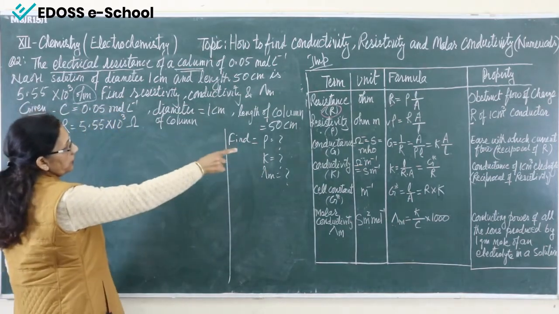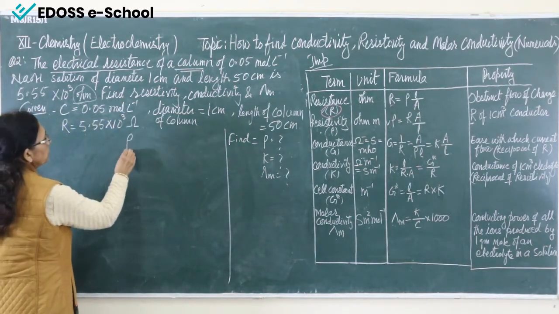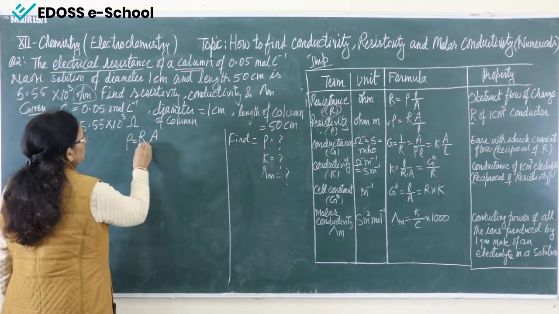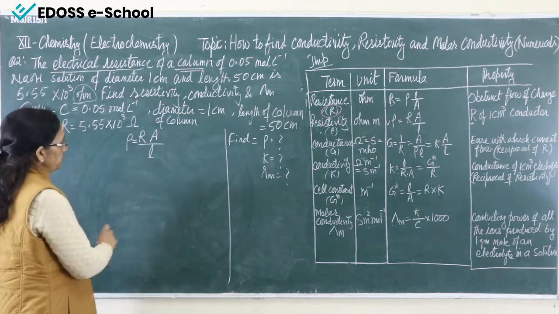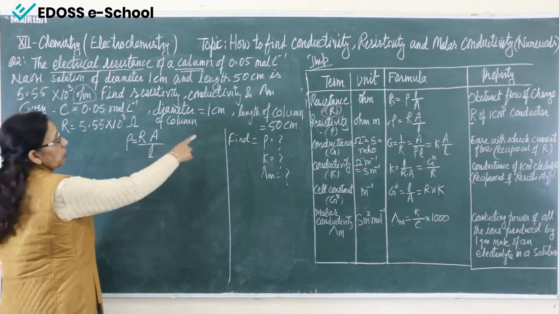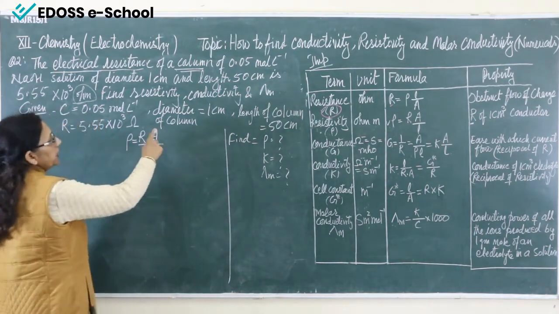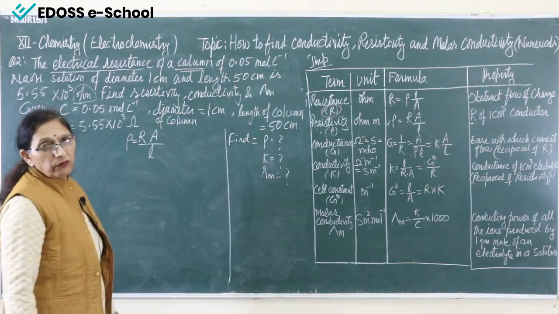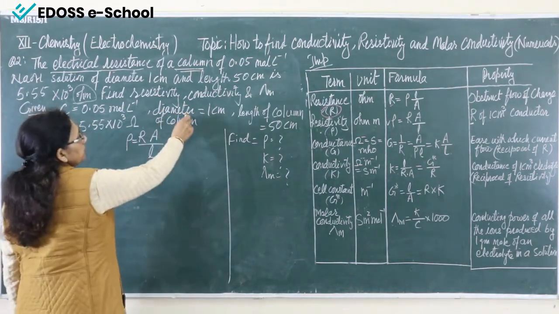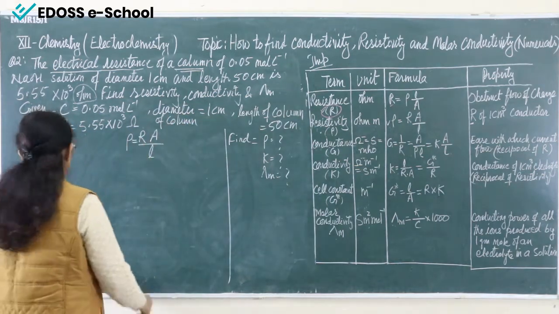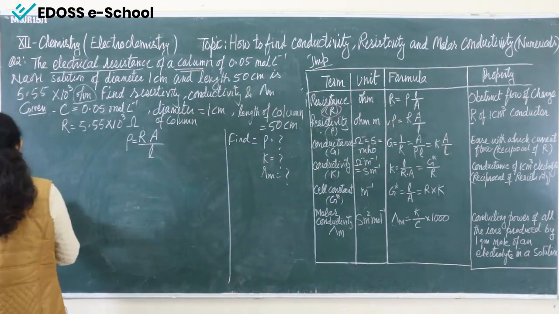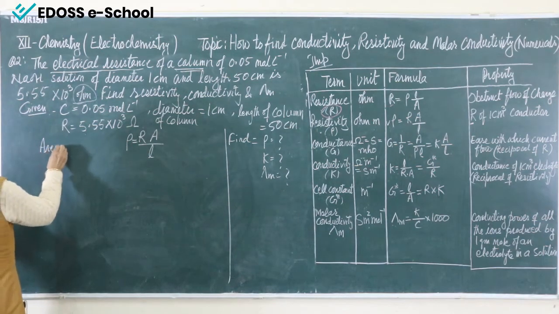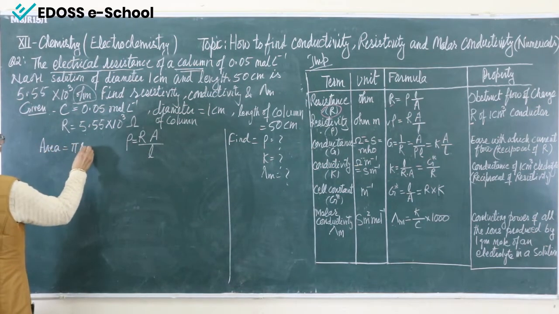Now if you put this formula, rho is equal to R A upon L. Because the length of the column we know but area we don't know, with the help of this diameter we will try to find the area. So now we will write here, area is equal to pi r square.